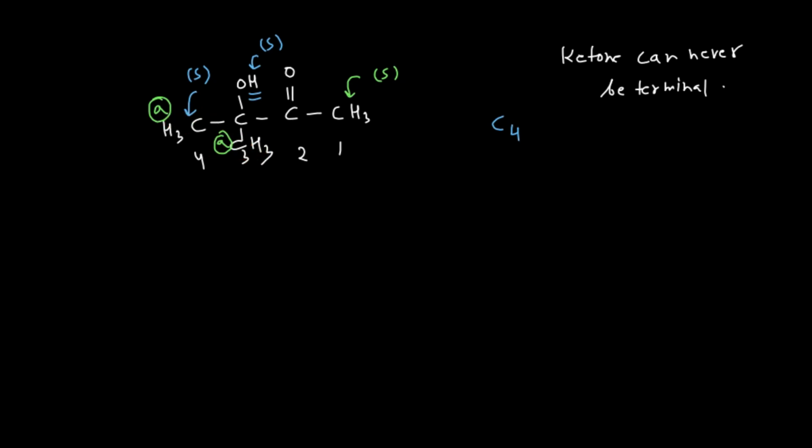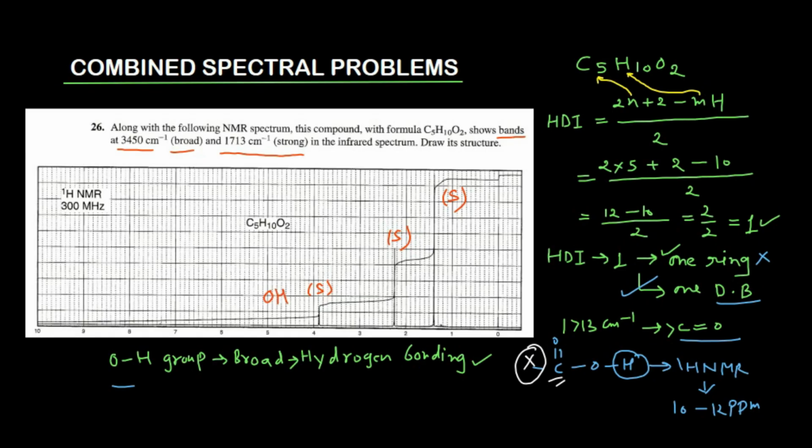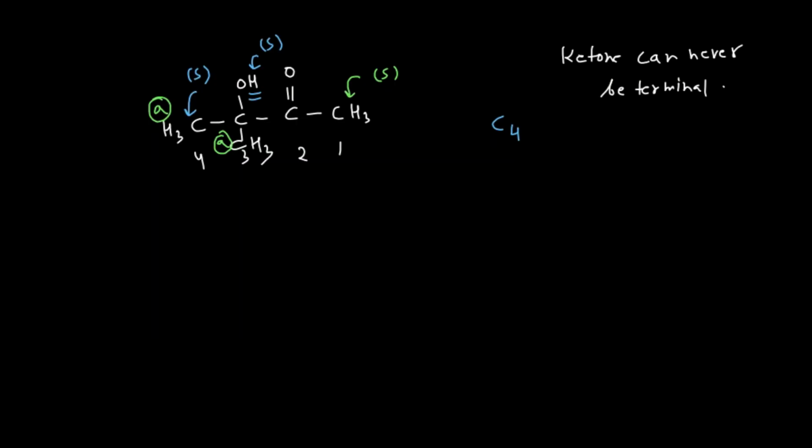So what I can do, I can go back. So you see this singlet, this one, this is due to the presence of the OH group. And this singlet, you see this particular singlet, if I check here, this particular CH3 is connected with the carbonyl group, and this carbonyl group is electron withdrawing.